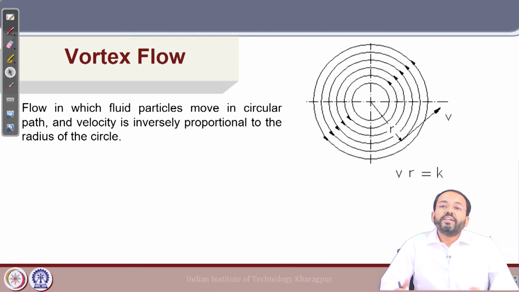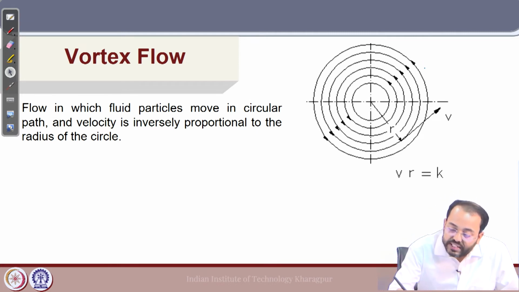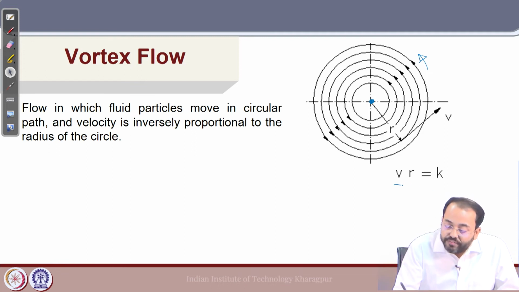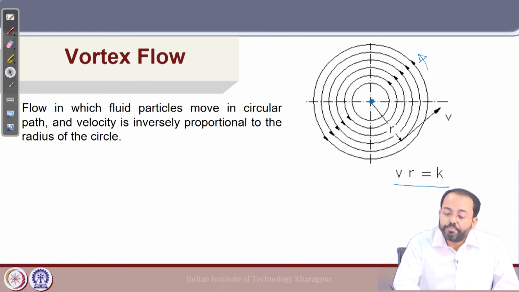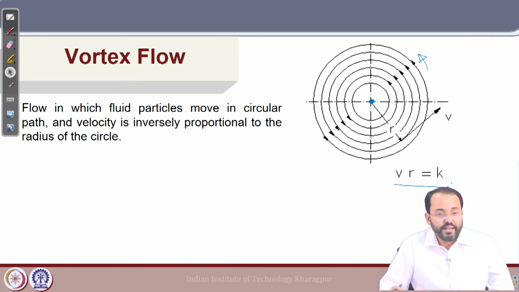A flow in which the fluid particles move in a circular path, and the velocity is inversely proportional to the radius of the circle. So, here we see the fluid particles move in a circular path about an axis, and the velocity is inversely proportional to the radius. That is why we can write it as V into R is K.